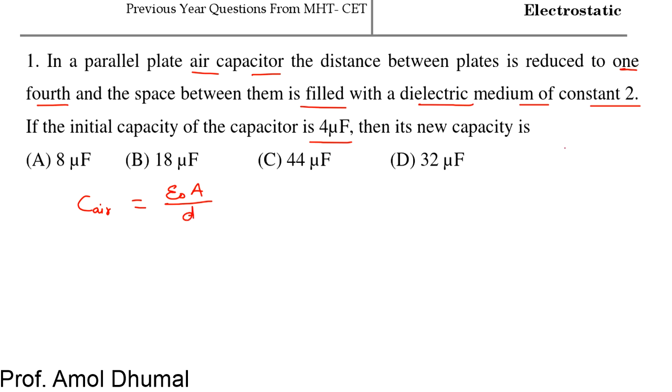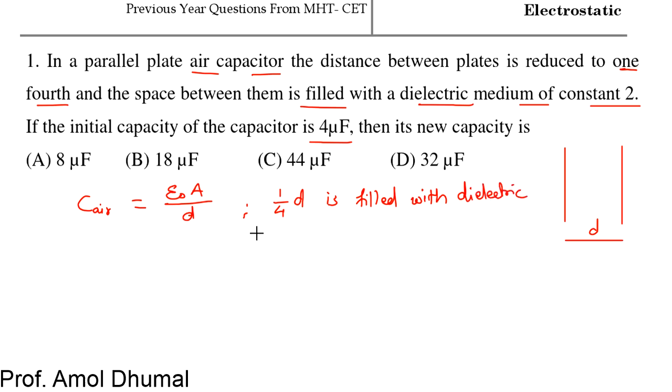So these are the two parallel plates, and the distance between them is D. Now it is given that the distance is reduced to 1/4, so D by 4 is filled with a dielectric medium of constant 2.